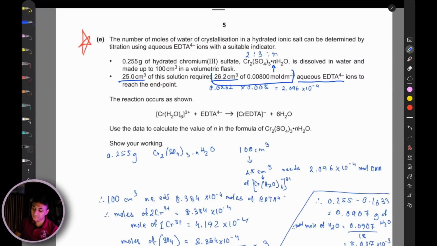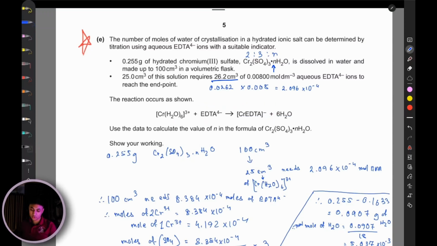So you need these many moles of aqueous EDTA, right? So you need to find out how many moles are required and how many moles are present in this 25 cm³ of the salt solution. That is your chromium sulfate, right? Fair enough. So the reaction that occurs is shown, that is a ligand exchange reaction.